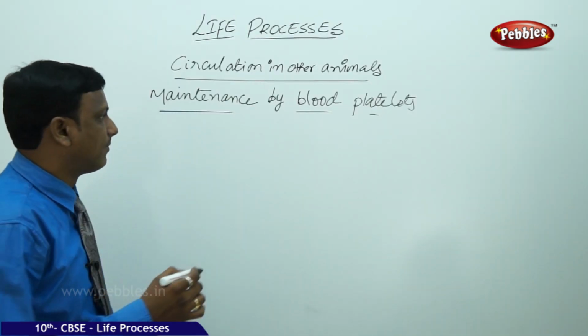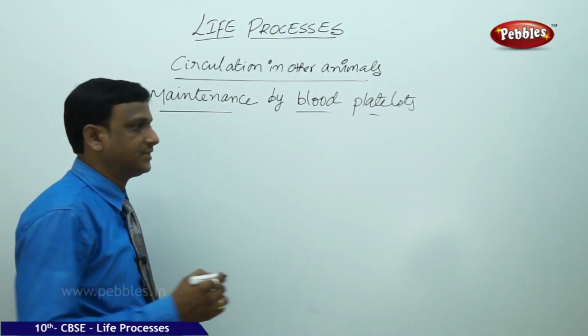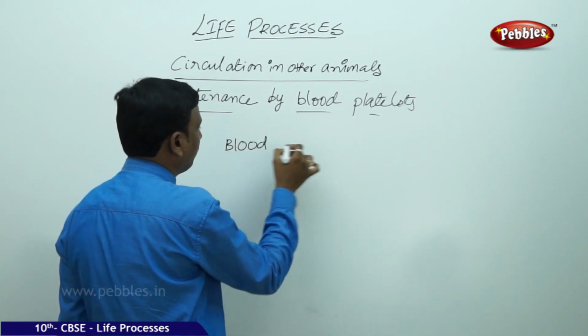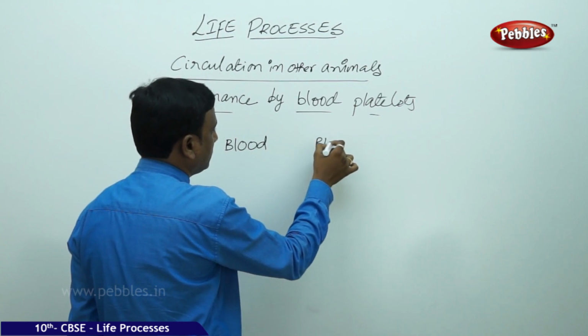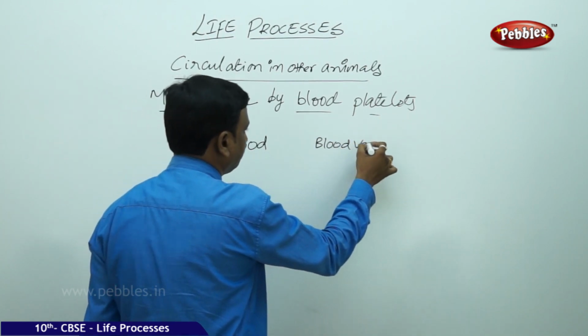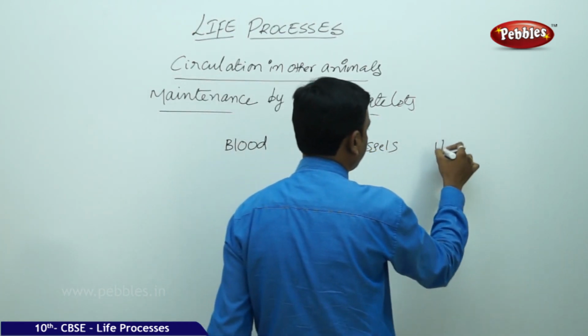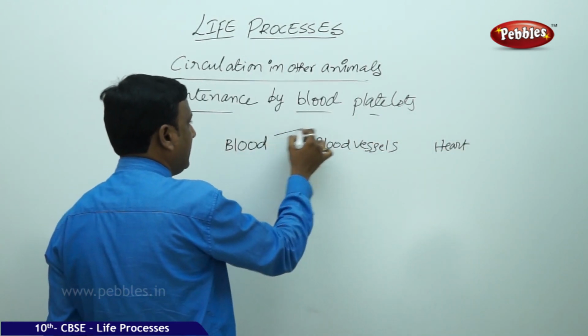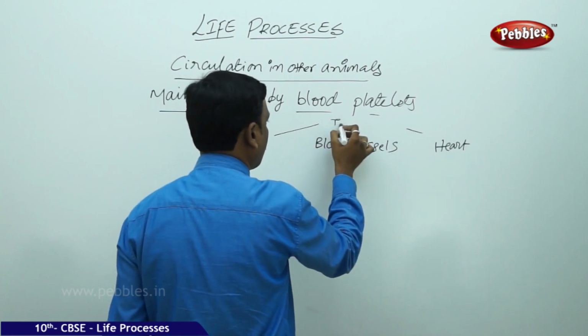So when we were discussing the different parts of the transport system, we discussed it there. The transport system consists of blood, vessels and heart. So these are the three major parts of the transport system.